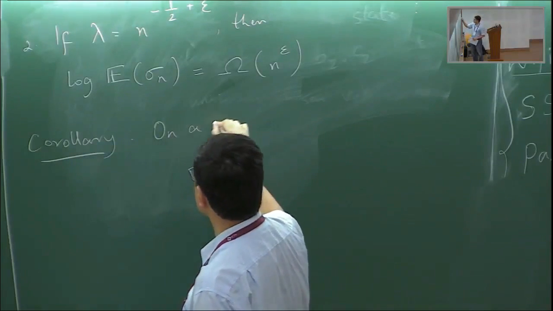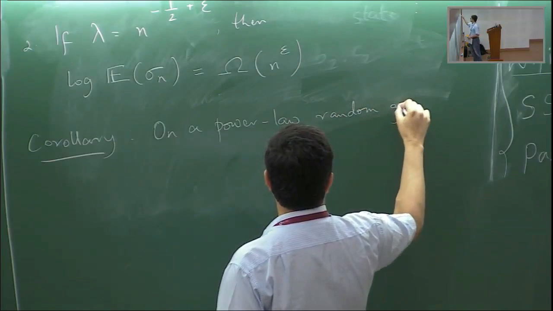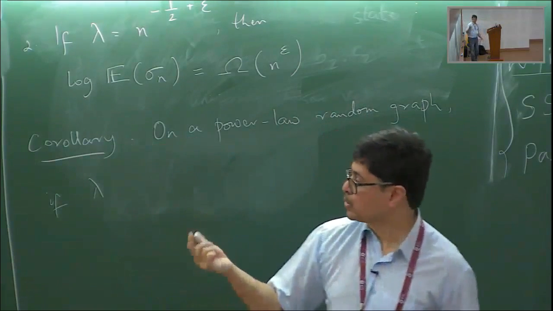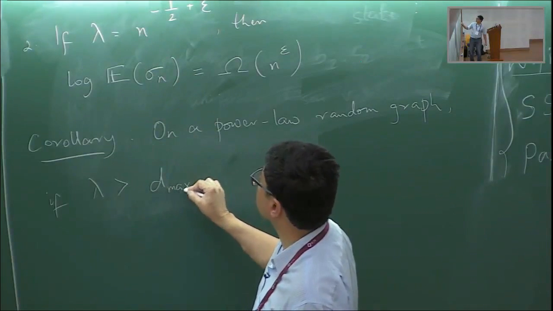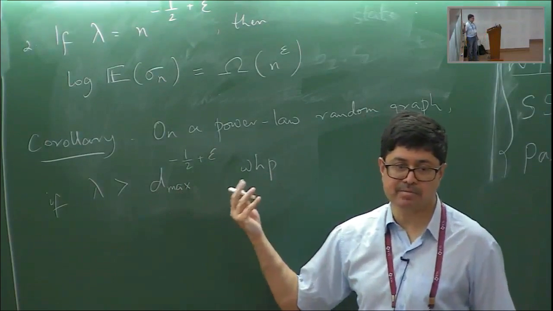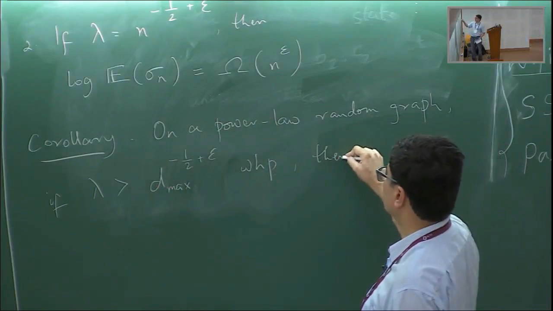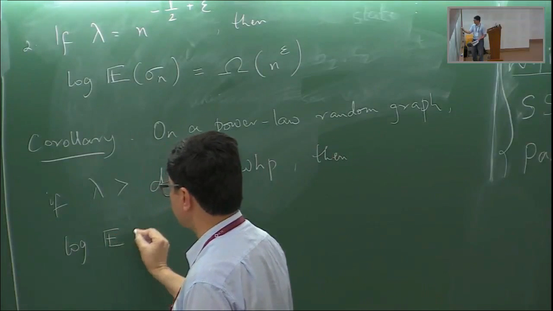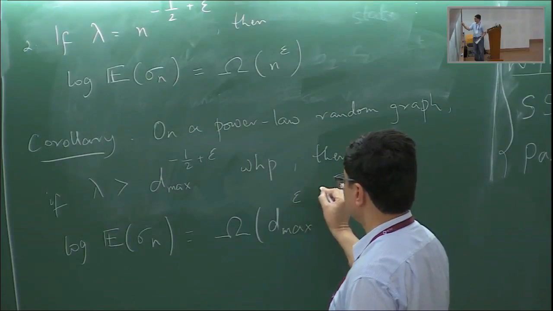So if you choose your lambda so that it's bigger than d max to the minus half plus epsilon with high probability, where d max itself is random, then again the log expected lifetime is omega of d max to the epsilon.